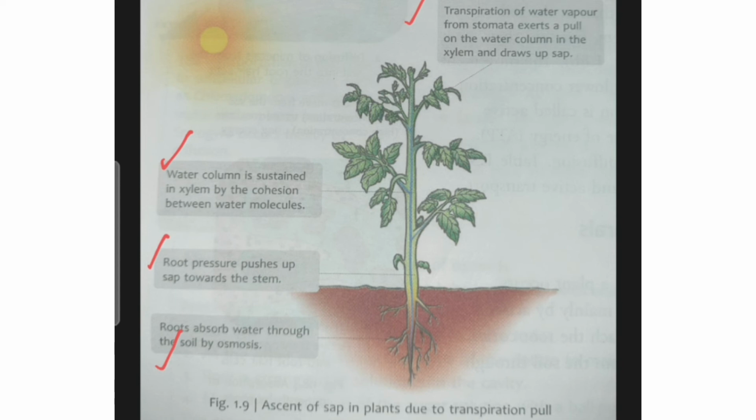It is the definition of the ascent of sap. The cell sap is the fluid containing mineral salts and water enclosed in the vacuole of a cell. So it is all about the ascent of sap in plants due to the transpiration pull.